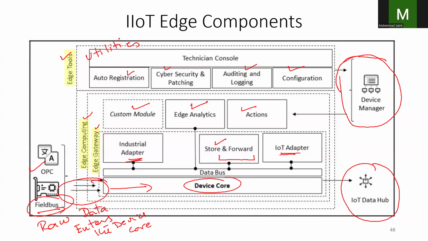Because the main purpose is that it is now going to be ready for the cloud integration. So cloud integration and also the remote monitoring is done at this layer. This modular architecture helps achieve secure, reliable, real-time, and scalable processing in industrial environments.